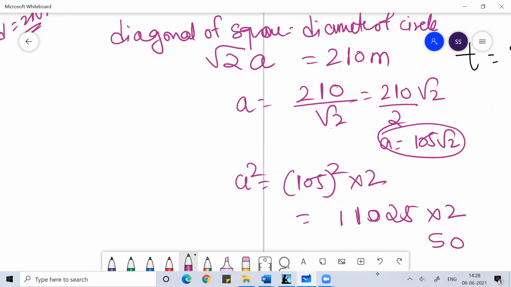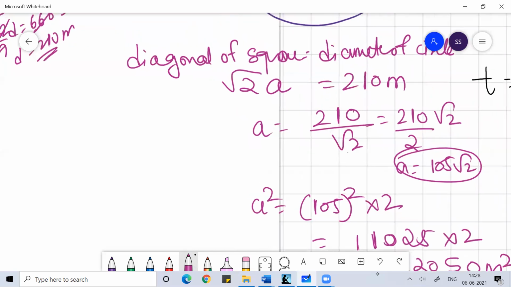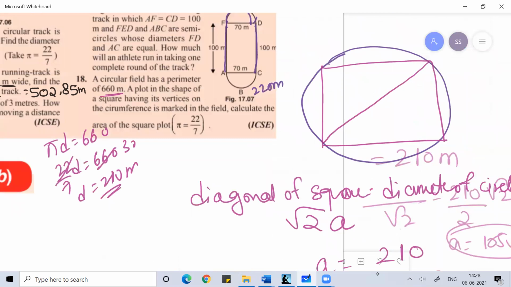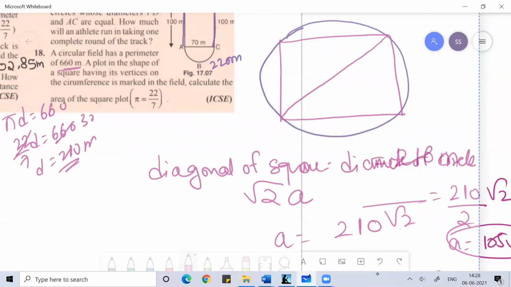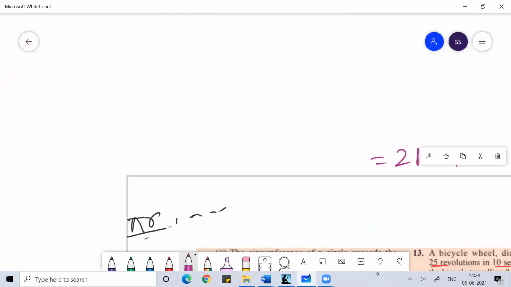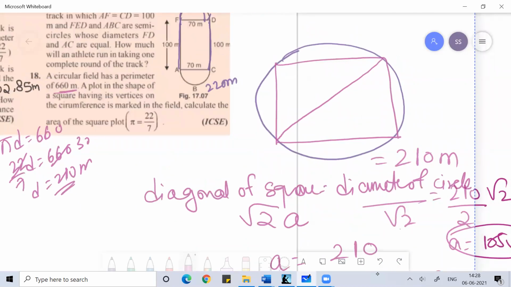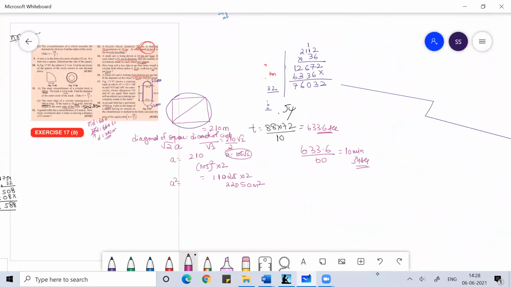This is 22050 square meters. Any doubt, Dhoni? No, sir. So remember these things whenever you're solving problems.